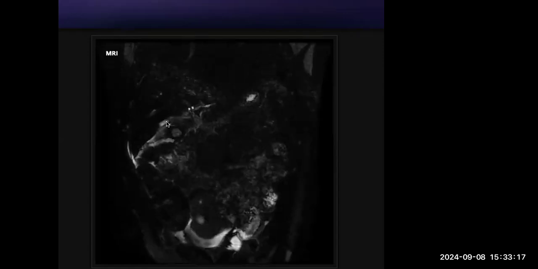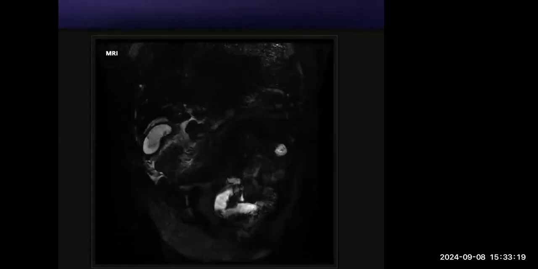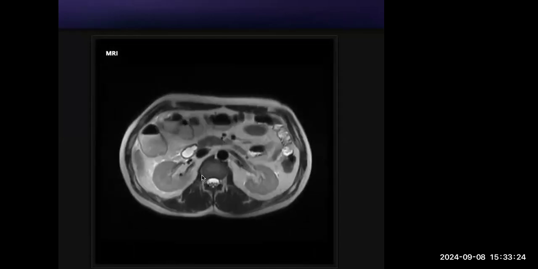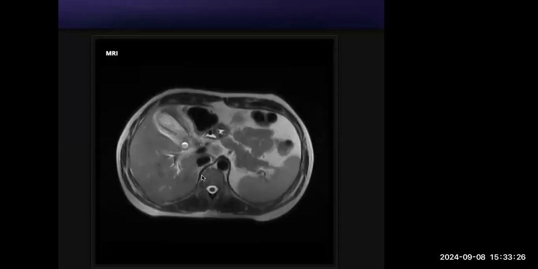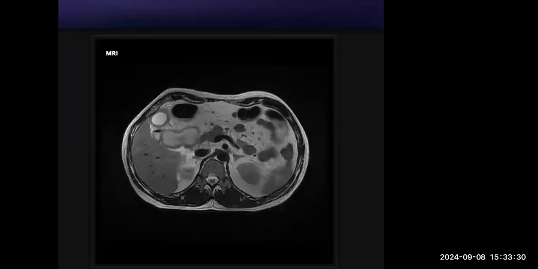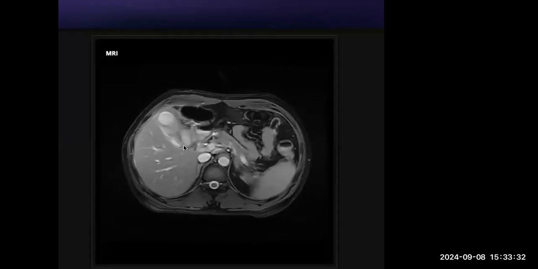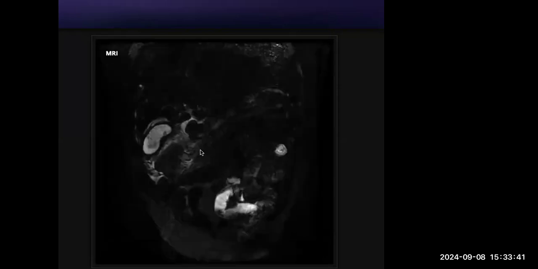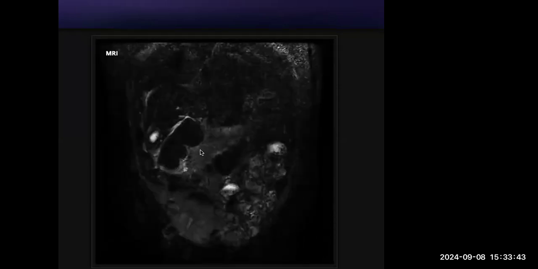This was actually not a mass. There was a stone which was compressing on the CBD. If you go very slowly, in this axial T2, you asked for fat set, right? If you focus at this level, there was a stone. And if you look at this sequence, there was a smooth tapering.